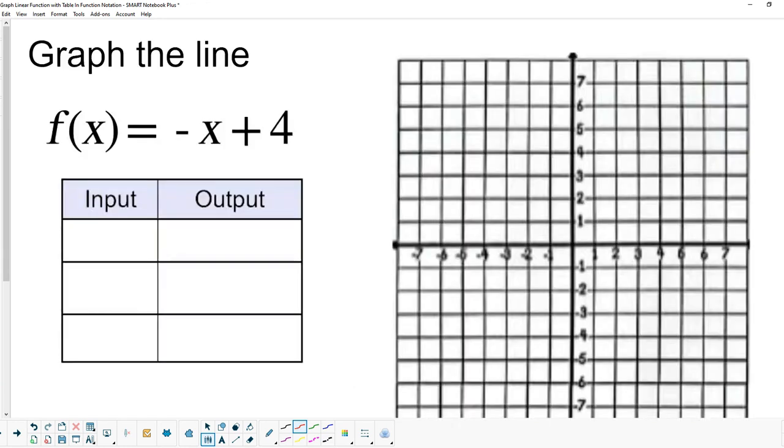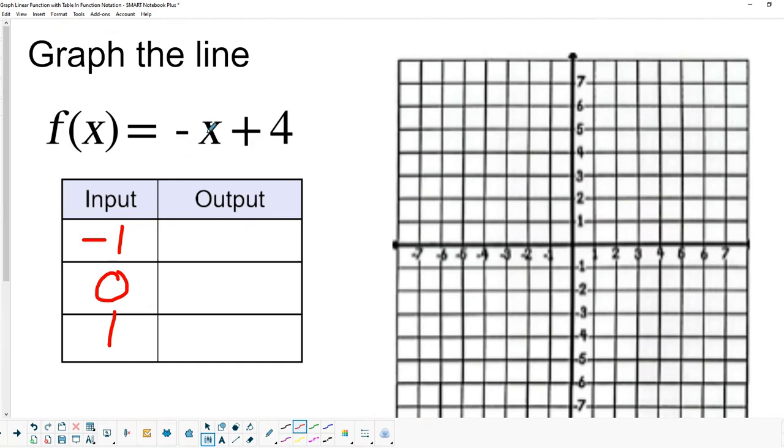Let's try some more. These are kind of fun. Let's pick some nice values. It looks like if we did -1, 0, and 1, those would be some nice values that would keep us really close to the origin. And we could use bigger numbers if we wanted, but it's nice to stay close to home, right?